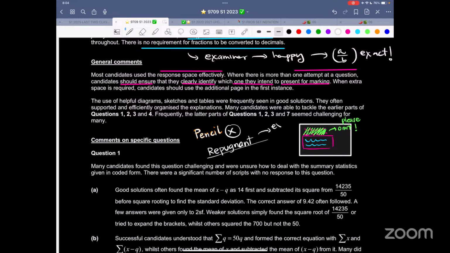The examiner won't like it. The examiner says that scanning will be an issue, and if the examiner cannot get it scanned properly, then the marks will not be given.